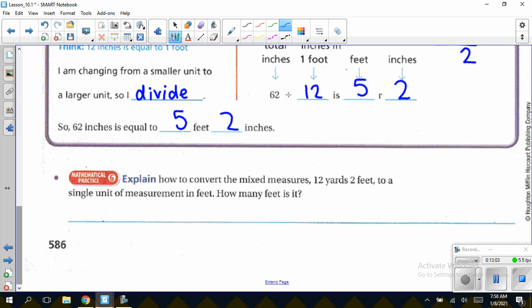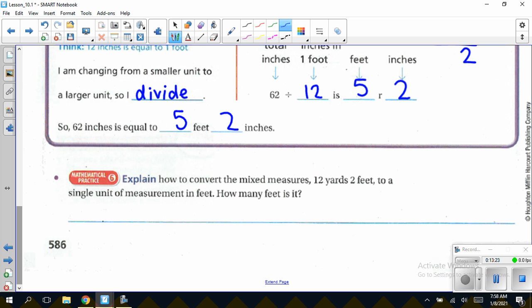So the bullet point down below: explain how to convert mixed measures, 12 yards 2 feet, to a single unit of measurement in feet. How many feet is it? For this one, because I want to go from yards to feet, I know that is horse to fly, multiply.